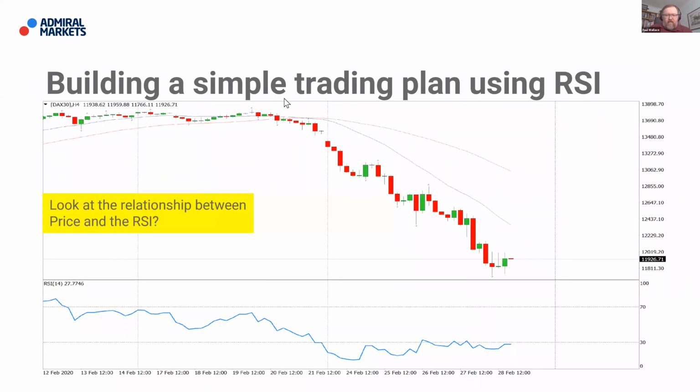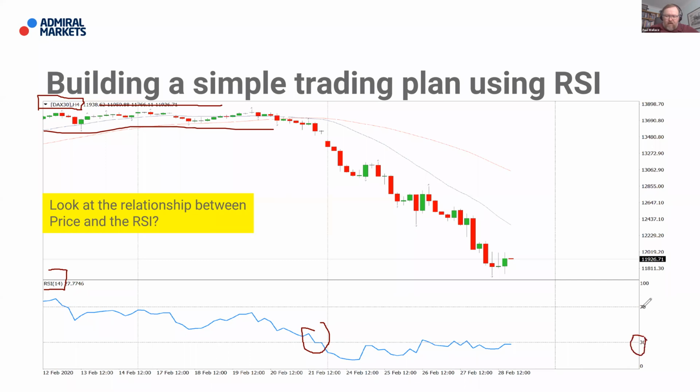So here is what we've got. We've got a chart here of the DAX. It's a 4-hour chart where we also have the RSI 14. What we want you to see is that price has been rolling over after an uptrend, and what we see here is the RSI goes beneath 30.